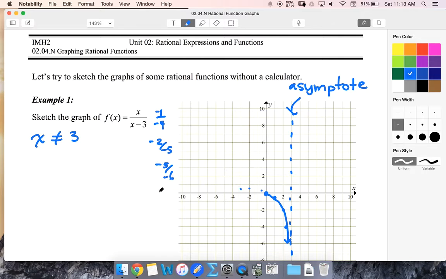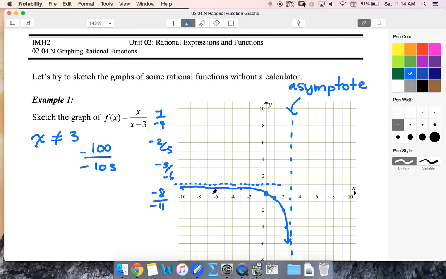Let's go to -8. -8 over -11. Well, that's bigger, but still less than 1. I'm always going to end up less than 1. If I pick -100, I'll have -100 over -103. So I'm going to be getting closer and closer to 1, but never actually hitting it. That's another asymptote. So this graph is going to be coming up towards 1, but never reaching it.